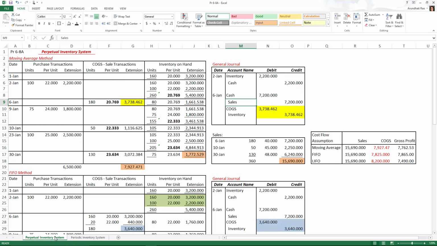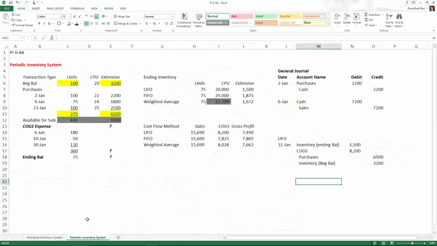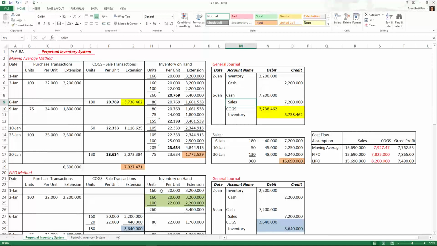As I mentioned before, the periodic system was used extensively by almost everyone across the world until about 10 years ago. Now even the largest businesses use the perpetual inventory system everywhere across the world, and that's largely because computers have become so affordable and user-friendly.